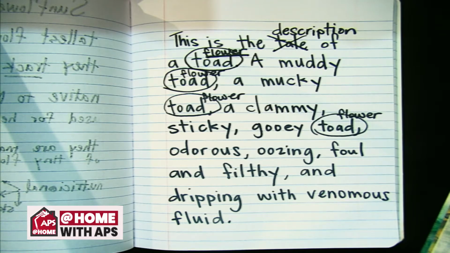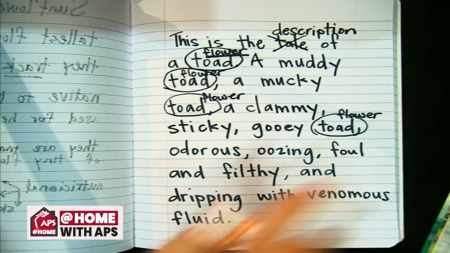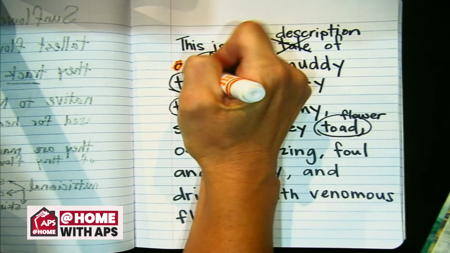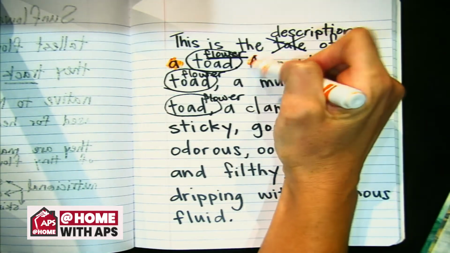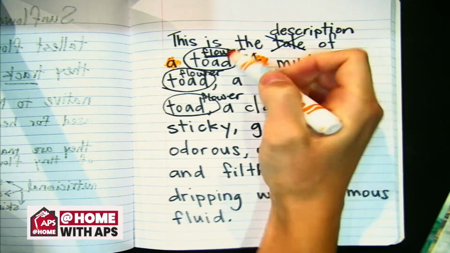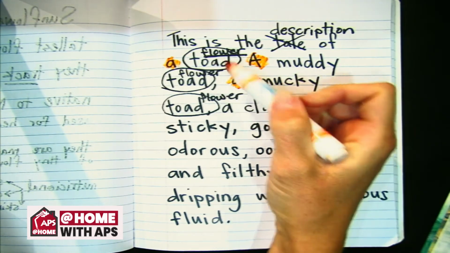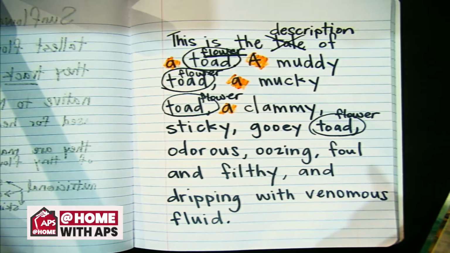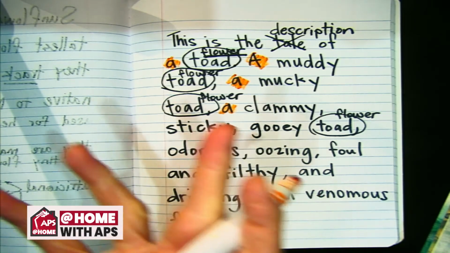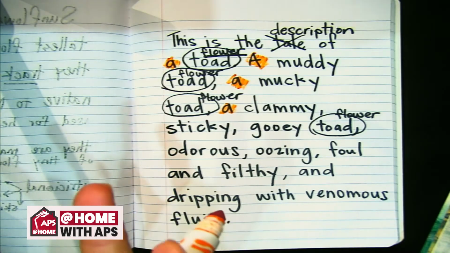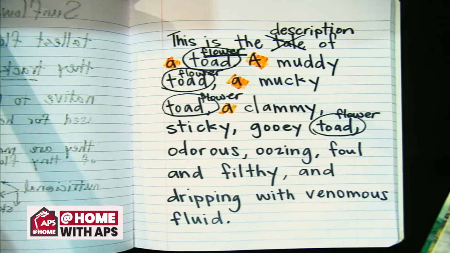I see the word a. A toad, a muddy, a mucky, a clammy. So the word a is being repeated as well. It's talking about different ways to describe.